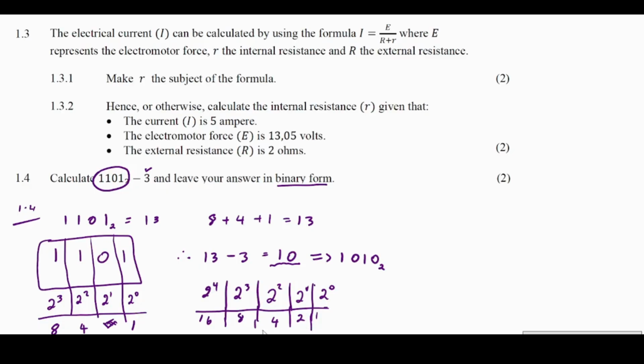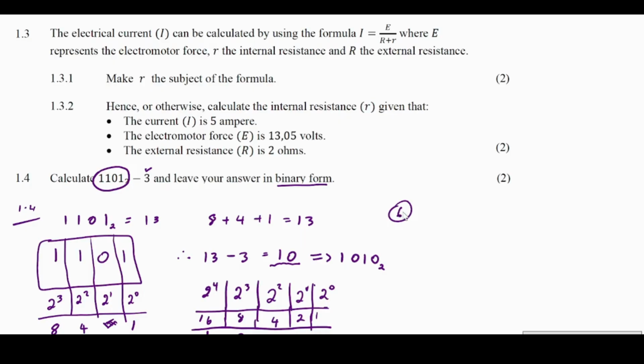Now let's see how we arrive there. When you're subtracting, you say 16 minus 10, and you put a 1 there. 16 minus 10 gives us 6, right? And then we cannot say 6 minus 8, so we put a 0 here.